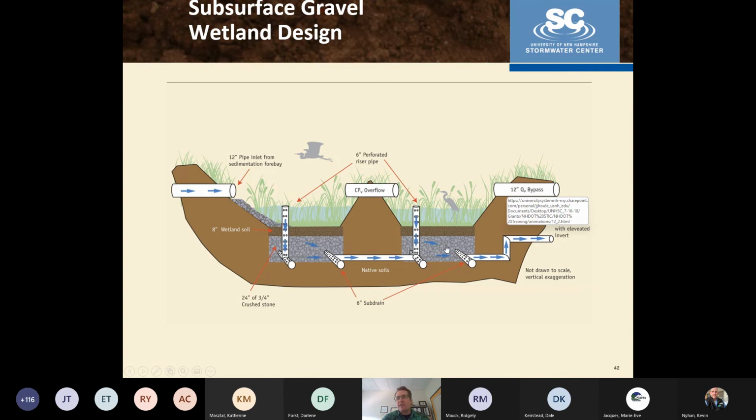From a water quality perspective, I'm much more confident in the treatment capacity of a single cell subsurface gravel wetland than a retention pond. But again, we have to specify and stick with the data. Sometimes that's a benefit because we can advance based on the recent science, and sometimes that's a restraint because we have to go with what we study.